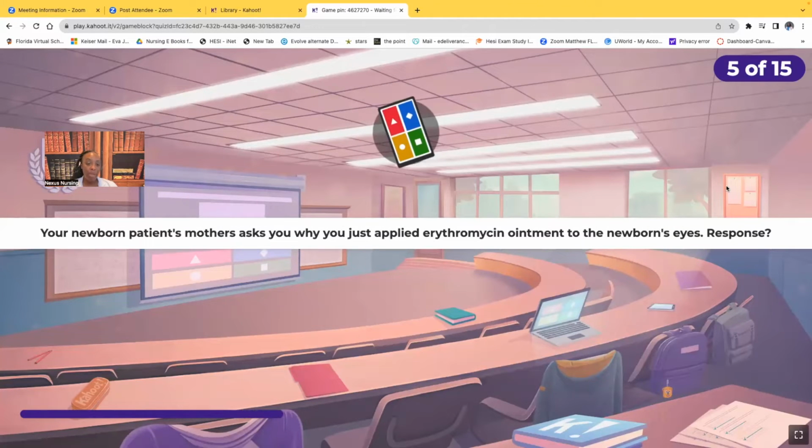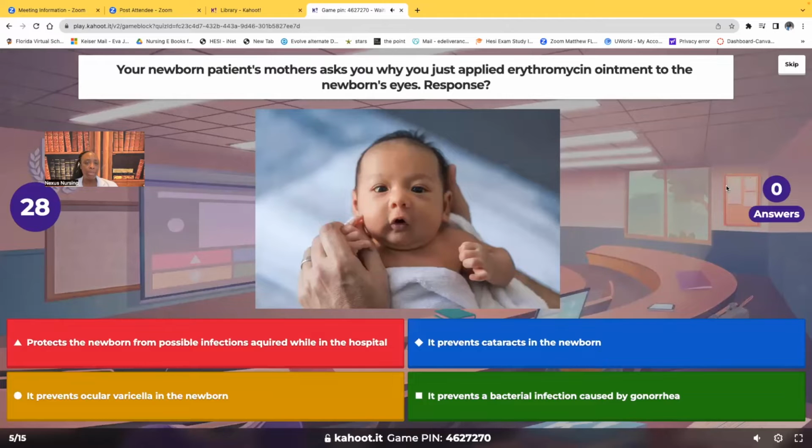Your newborn patient's mother asks you why you just applied erythromycin ointment to the newborn's eyes. What would your response be? What's the correct answer? Would you tell the mom it's to protect the newborn from possible infections acquired in the hospital? Would you tell her it's to prevent cataract in the newborn? Would you tell her it's to prevent ocular varicella in the newborn? Or would you tell her it's to prevent bacterial infection caused by gonorrhea?